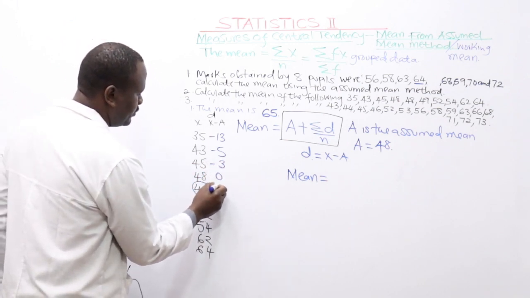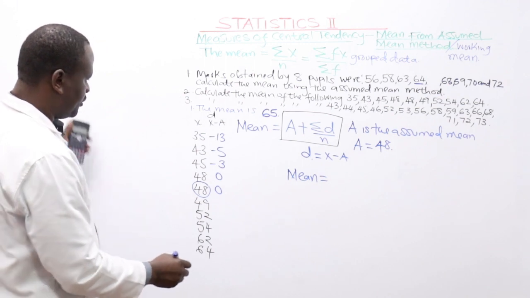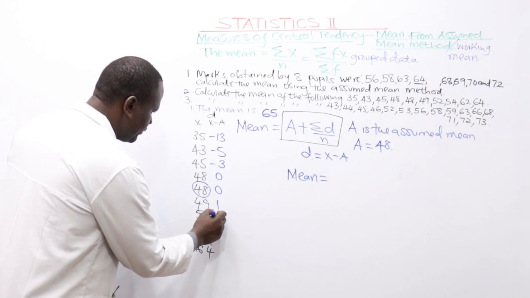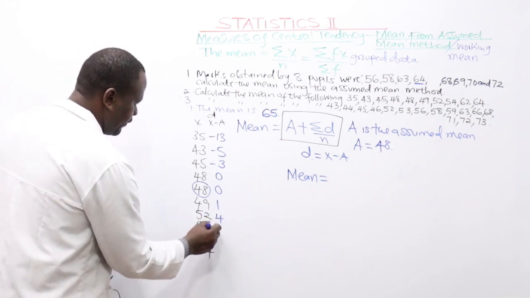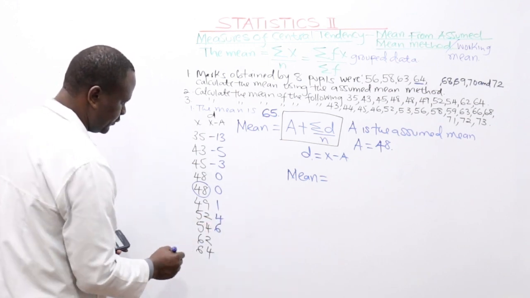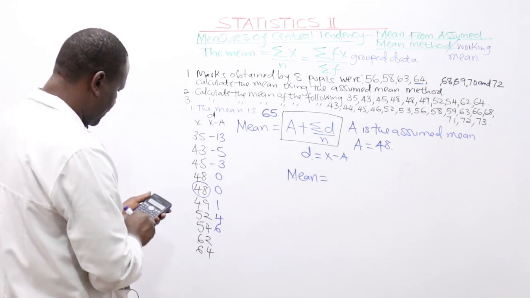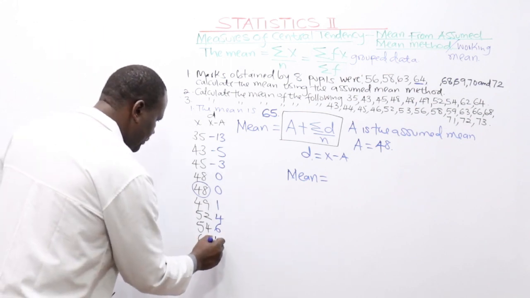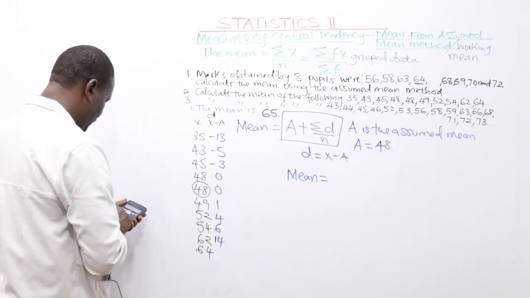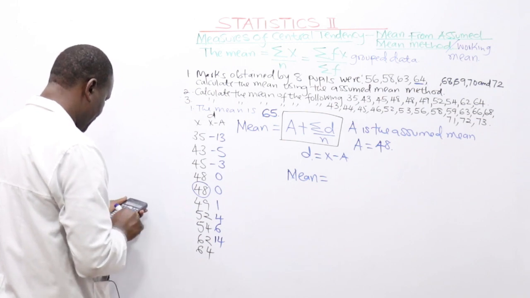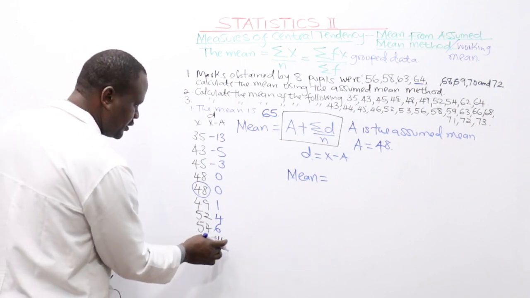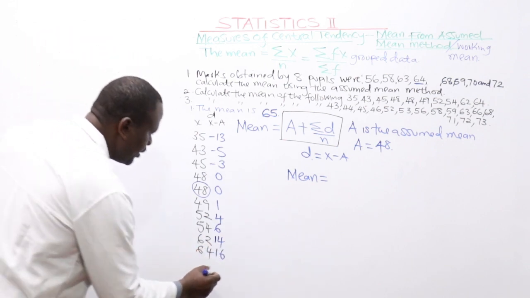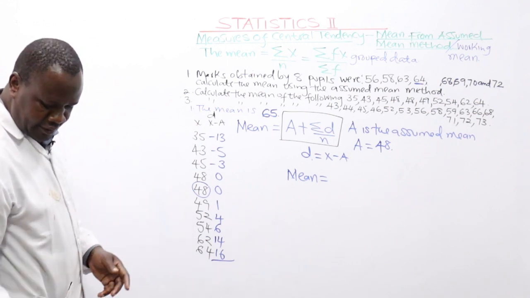This will be 0, 0. This will be 1, 5, 6. 62 minus 48, we get 14. Then 16. Then we get the total again.